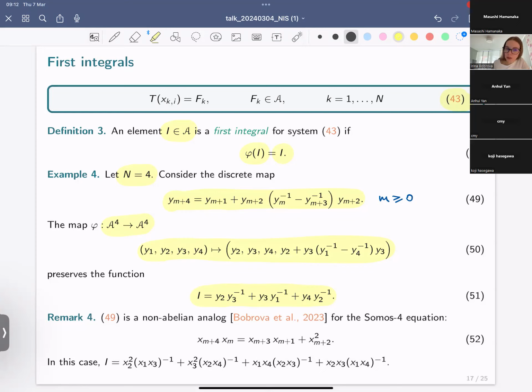Why are we interested in this discrete map? Because it's related to the well-known, so-called Somos-4 equation. The classical Somos-4 equation is given by this formula 52.